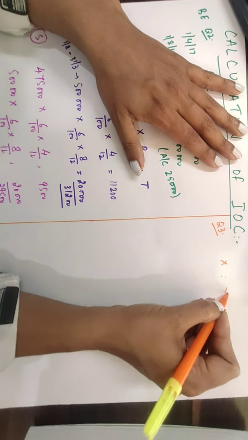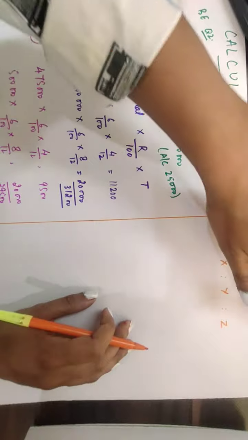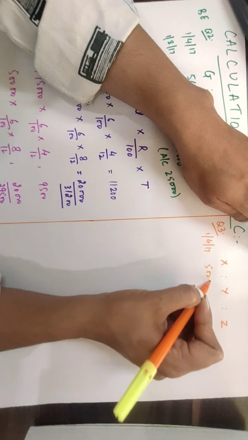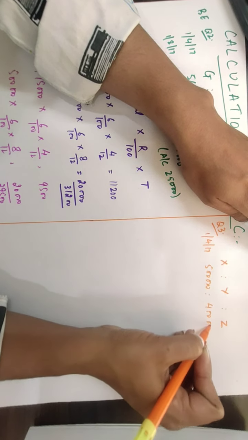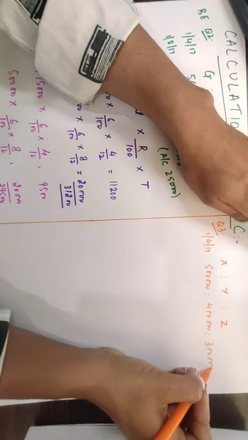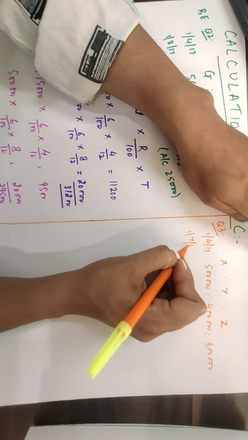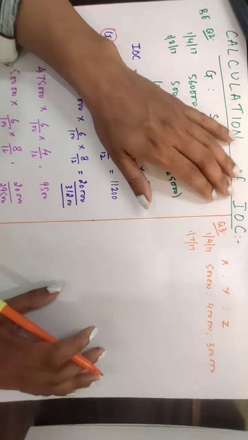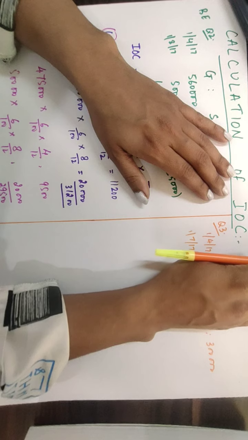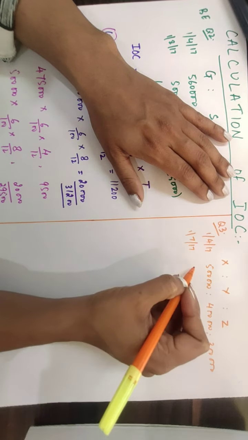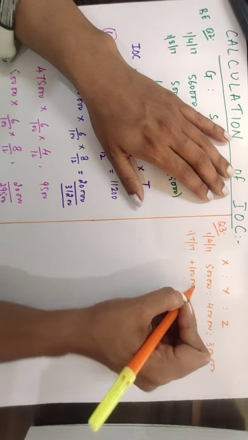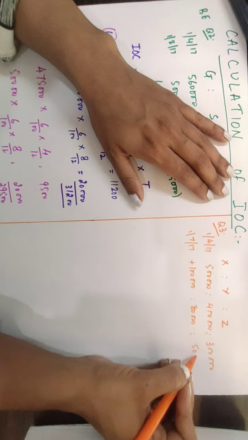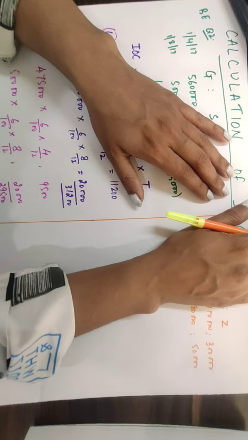Now there are 3 partners, X, Y and Z. Their capitals on 1st April 17 were 5 lakh, 4 lakh and 3 lakh. Now on 1st July 2017, you should normally sum up the question in your notebook so that you understand what the question is trying to say. On 1st July 2017, they introduced further capitals. That means they have introduced 1 lakh, this person, 80,000, the second one, that is Y, and the third person has introduced 50,000 rupees respectively.